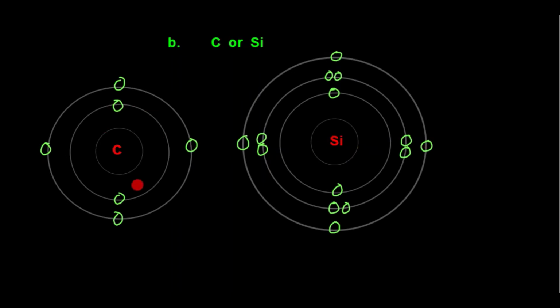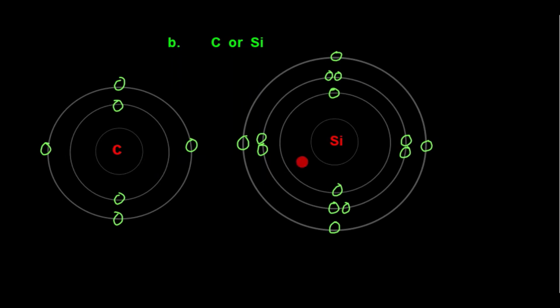Carbon has just 2 electrons in the inner shell, while silicon has a greater number of inner electrons. Since silicon has a greater number of electrons in the inner shells, that's why silicon has greater shielding effect as compared to carbon. I hope this is clear.